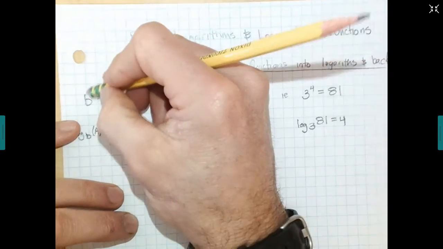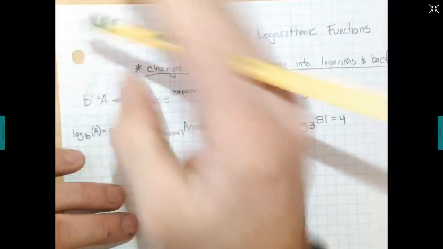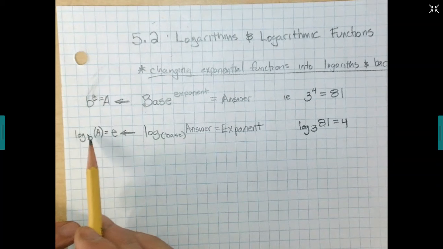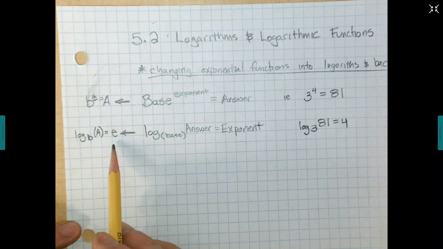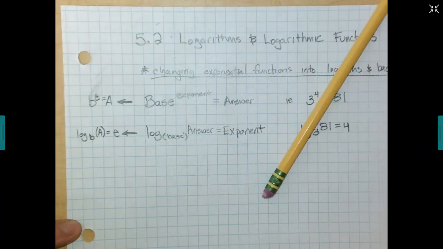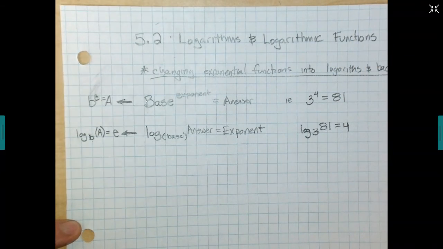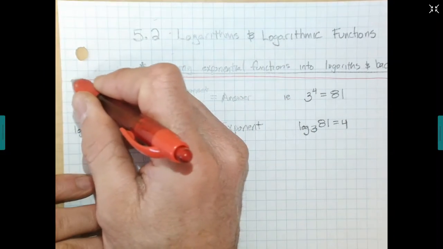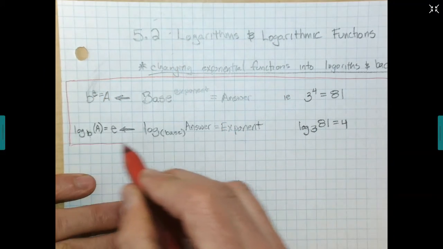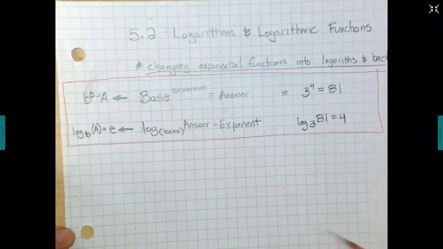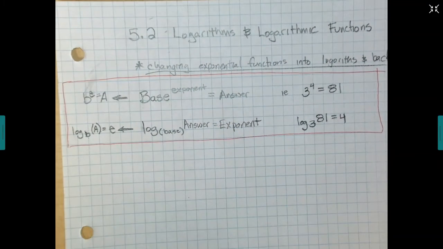I want to change this to a lowercase e because that's our exponent. So this is what you're going to use for much of this lesson, and you're going to be essentially just switching back and forth between these two. Okay, let's look at what I mean.